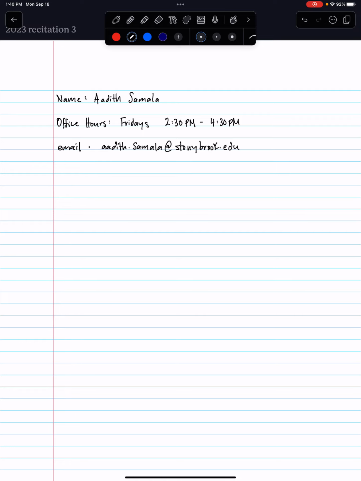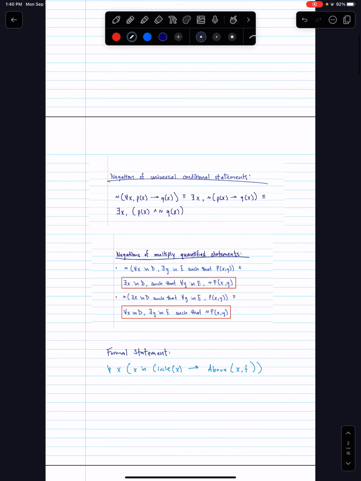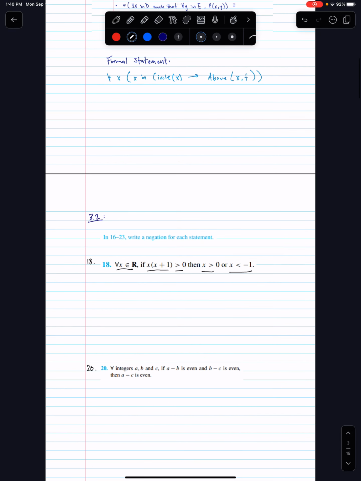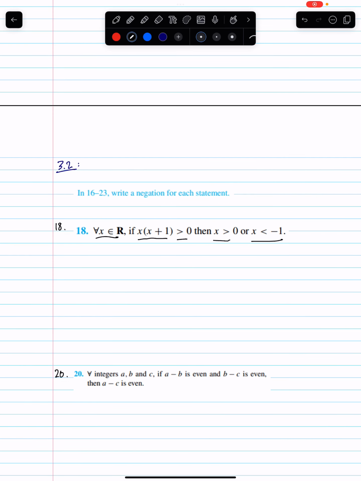So this week we're going to be going over predicate logic. And we have a bunch of textbook questions to go over, so we'll get started. This says to write a negation for each statement. If you recall, the upside down A symbol means for every.